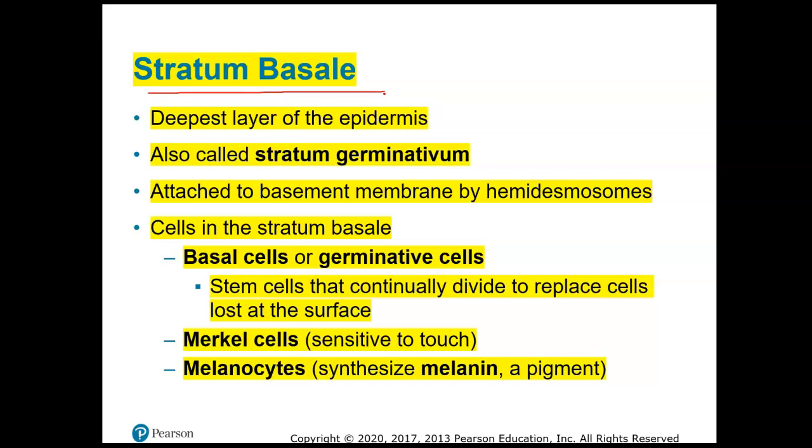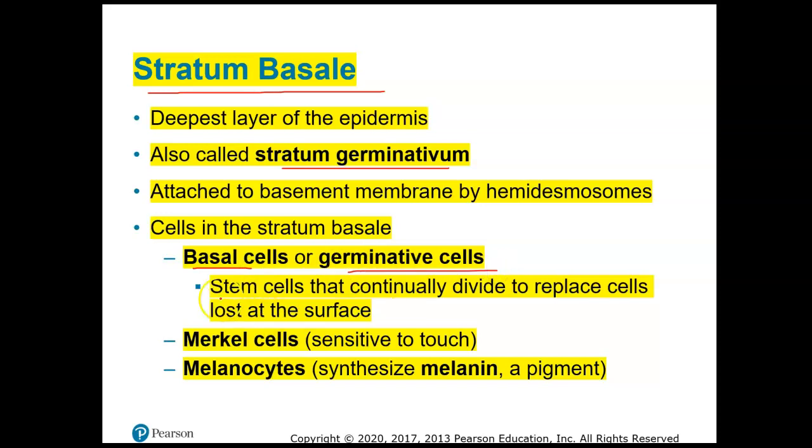Because the cells are dividing there, or germinating, which is more of a term you hear with plants, you can also sometimes find the stratum basale called the stratum germinativum. This is the deepest layer of the epidermis. It contains basal cells or germinative cells.